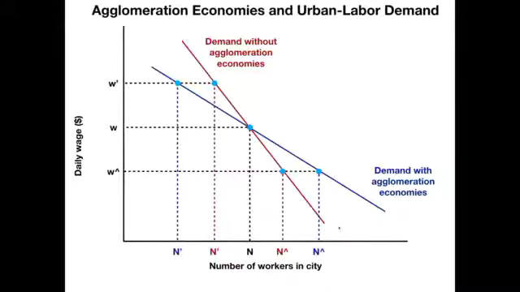So with demand with agglomeration economies, when the wage rate decreases, the increase in the number of workers demanded is much greater than without agglomeration economies, because as the number of workers increases, we see increases in productivity related to that agglomeration.